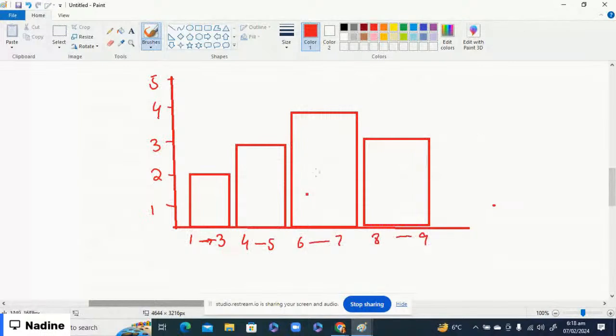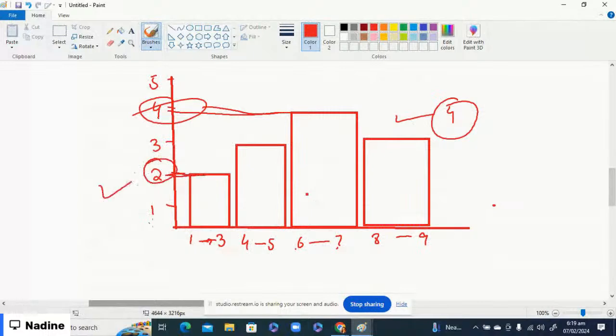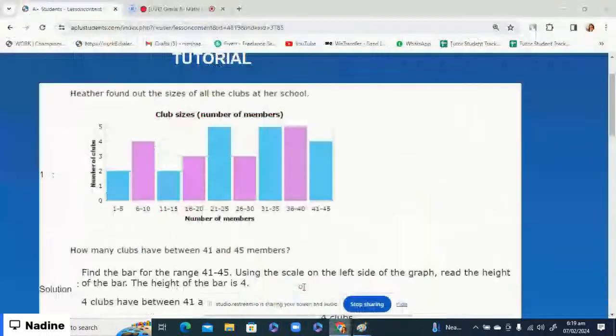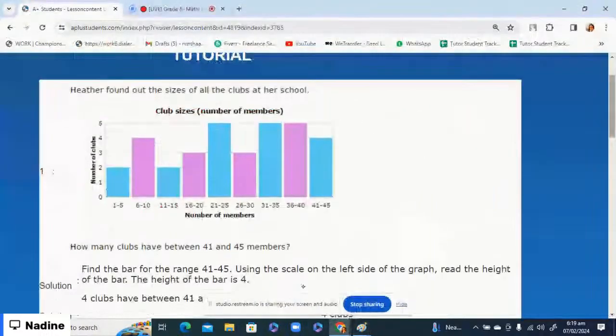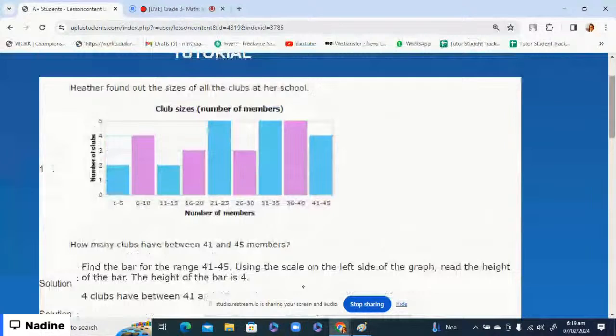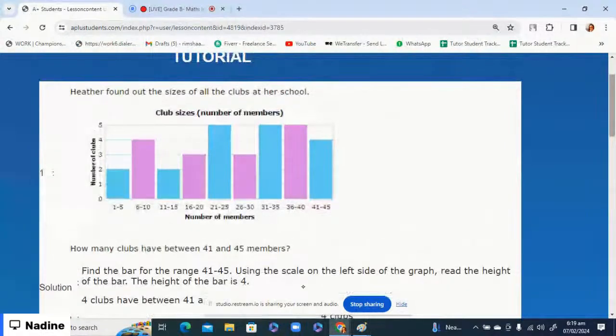If I check from 6 to 7, how many are there? Check how much it matches here. That is 4. So we mark it as 4. If we check from 1 to 3, it's 2. We count it on the y-axis. In the same way, we count how many from 41 to 45. So how much of it, it's 4.